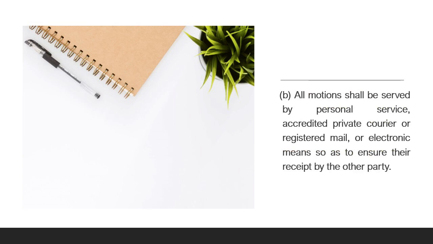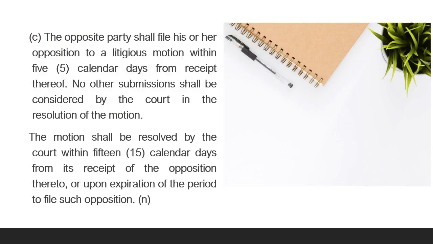B. All motions shall be served by personal service, accredited private courier, or registered mail, or electronic means so as to ensure their receipt by the other party. C. The opposite party shall file his or her opposition to a litigious motion within 5 calendar days from receipt thereof.